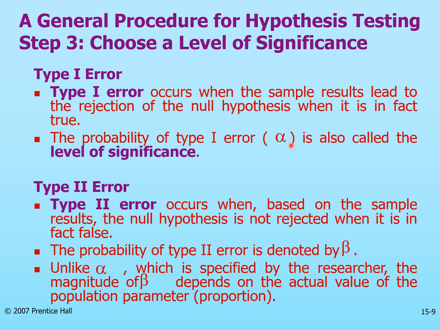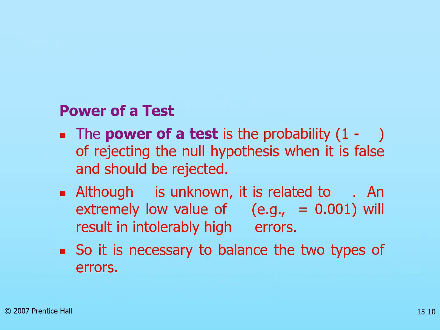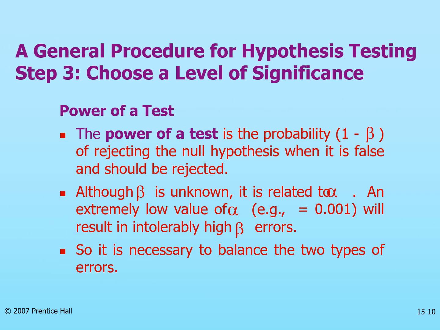And that's going to be one of the very important things in normal cases, how the rejection regions are going to happen. The probability of the type 2 error is known as beta. Unlike alpha, which is specified by the researcher, the magnitude of beta depends on the actual value of the population parameter or the proportion.